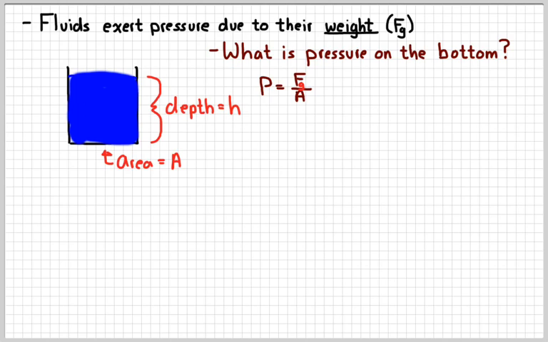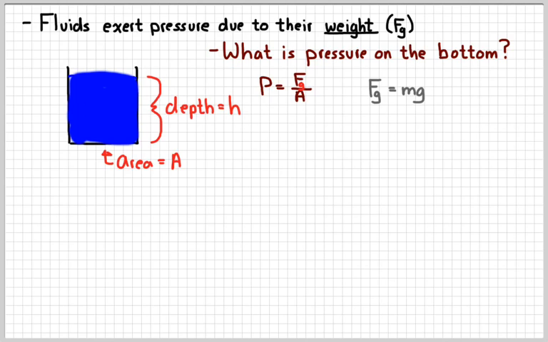And so in our equation, pressure equals force over area, we're just going to say that that's the force of gravity over the area. So all that water pushes the bottom of the beaker because of its weight. That's what causes the pressure.